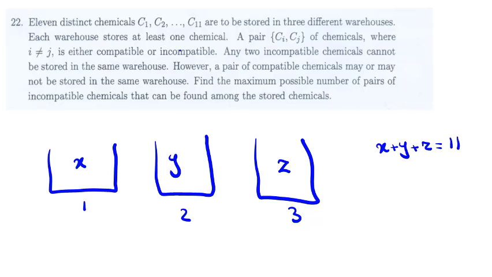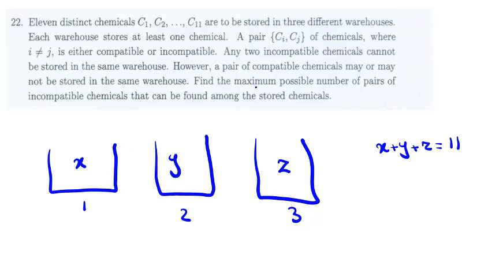Each warehouse stores at least one chemical. A pair CI, CJ of chemicals where I is not equal to J is either compatible or incompatible. Any two incompatible chemicals cannot be stored in the same warehouse. However, a pair of compatible chemicals may or may not be stored in the same warehouse. Find the maximum possible number of pairs of incompatible chemicals that can be found among the stored chemicals.